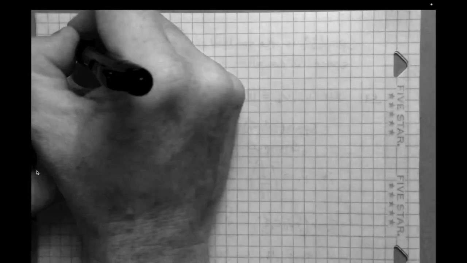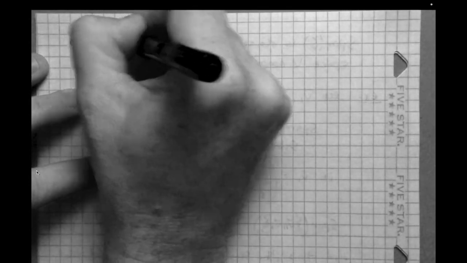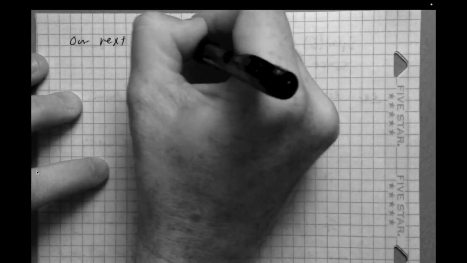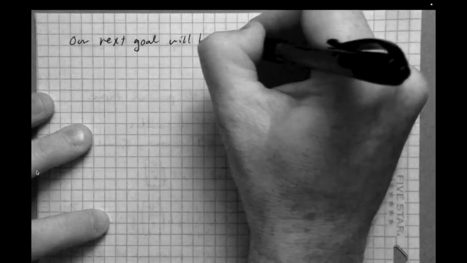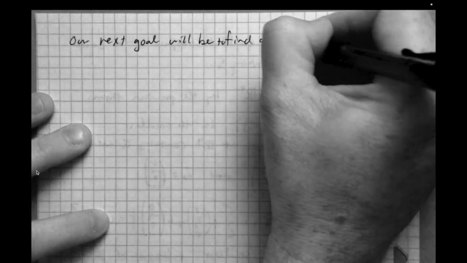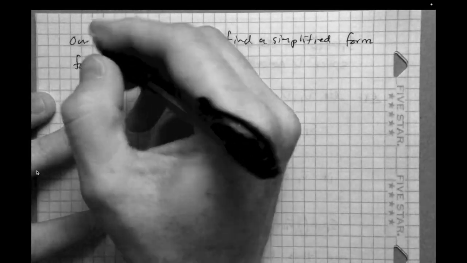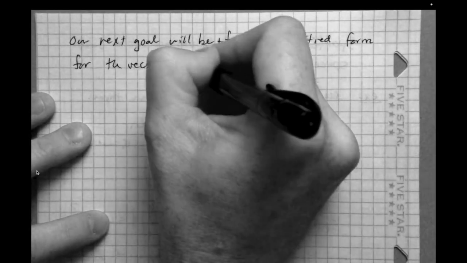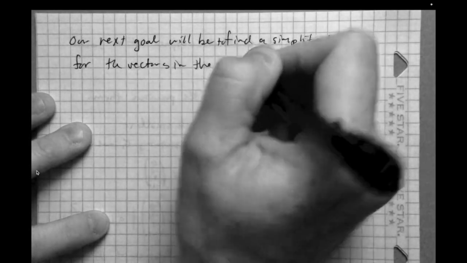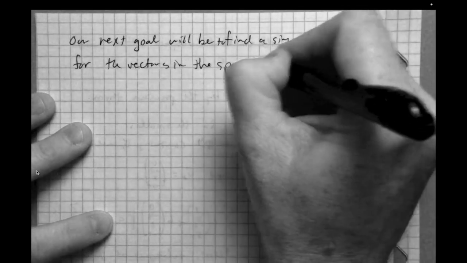So our next goal will be to find a simplified form for the vectors in the span of a given set S.